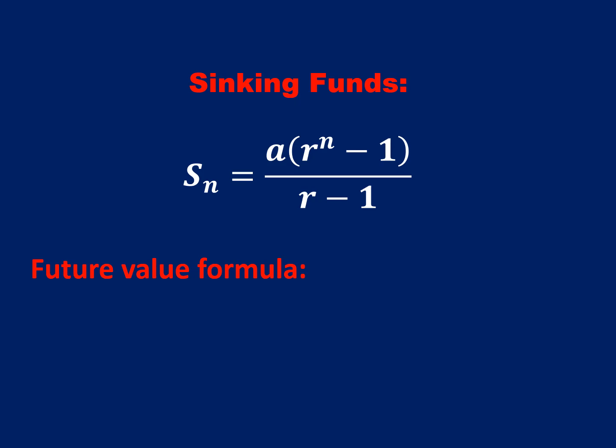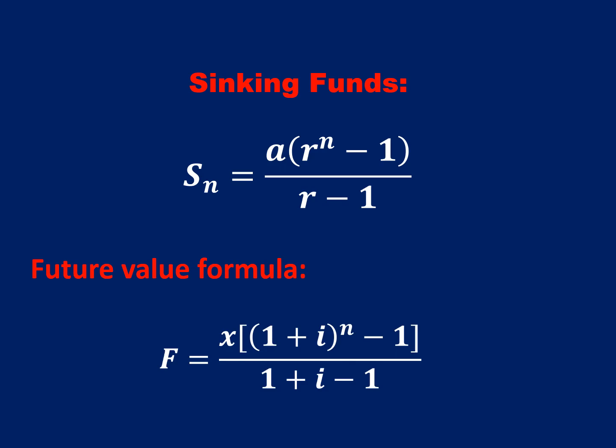Now, on your formula sheet, you do get the future value formula. And let's just compare these two formulas. You have been taught using the Sn formula for a geometric series, but you can use the future value formula as well, because A just represents my monthly payment, which is your X. Your R is your interest bracket, which is just 1 plus I. And then in the denominator, R is your interest bracket, which is 1 plus I. And then you've still got minus 1.